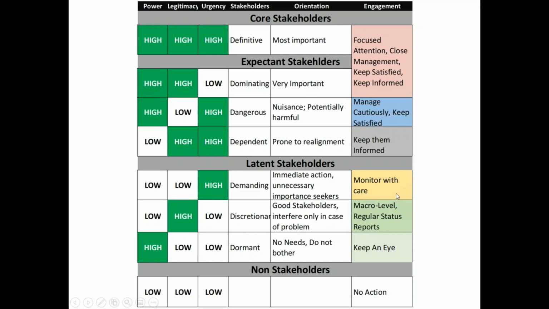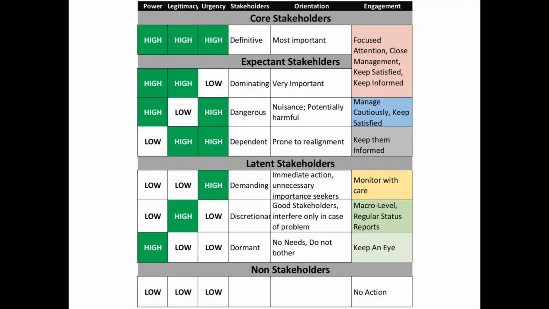Monitor with care. Then we have another latent role, which is high in legitimacy. So this is discretionary. These are good stakeholders. They interfere only in case of problems. Otherwise, they don't bother you. So deal with them at macro level. Regular status reporting is required. Otherwise, you don't need to bother about these people.